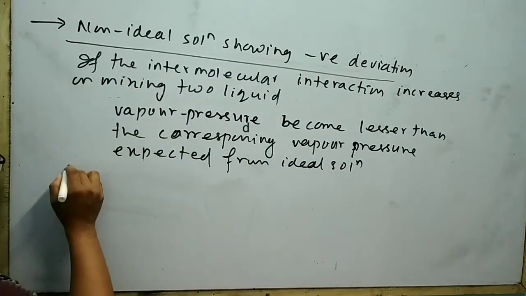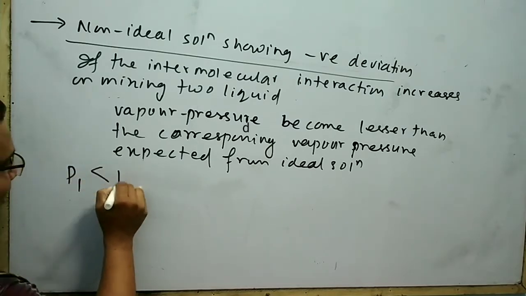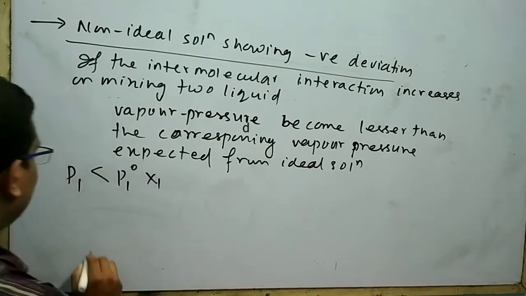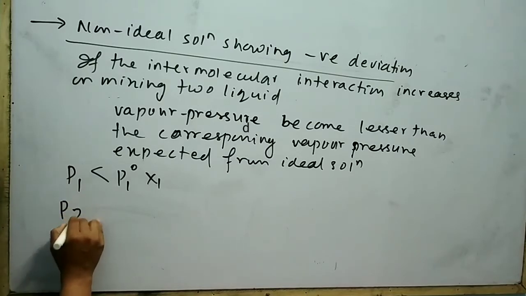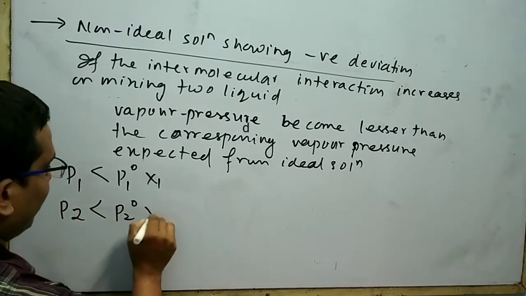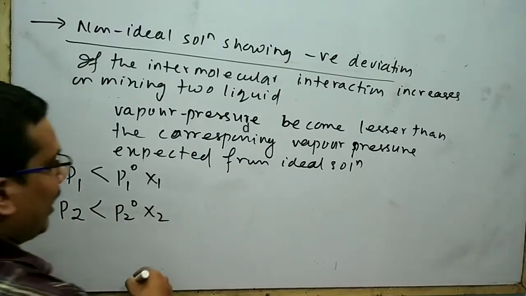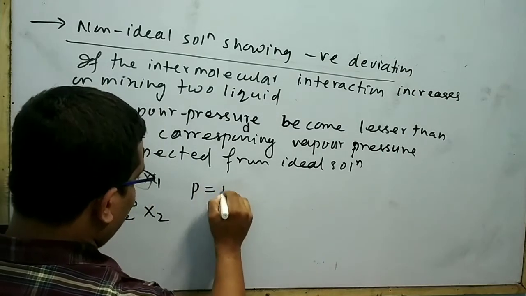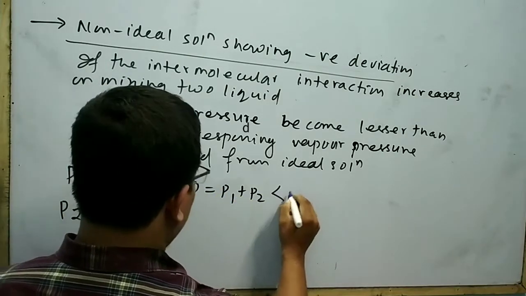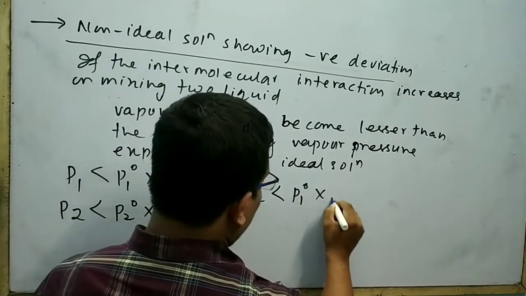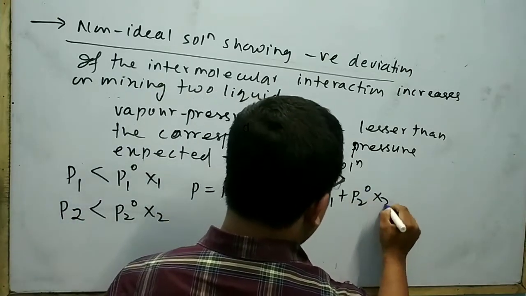In this type of solution, I can write P1 less than P1° x1. Similarly, I can write P2 less than P2° x2. And also I can write P equal to P1 plus P2 less than P1° x1 plus P2° x2.